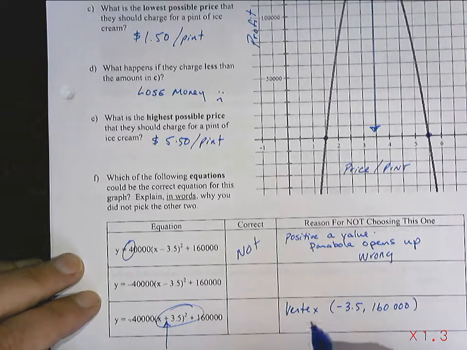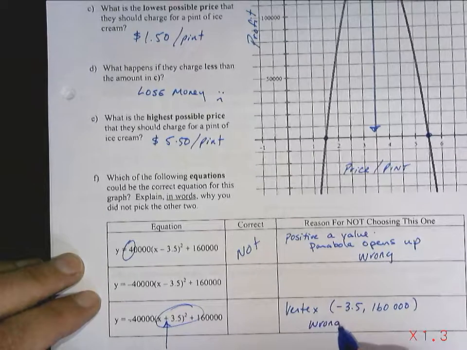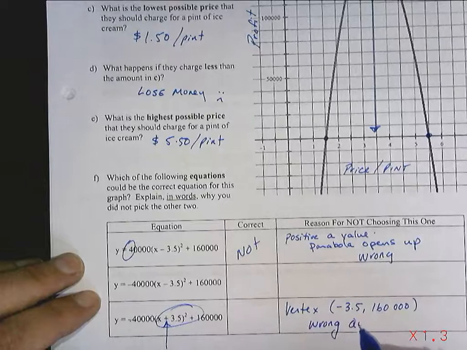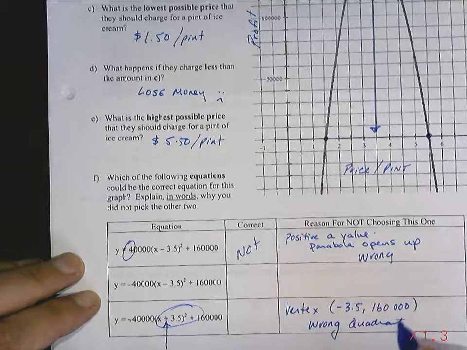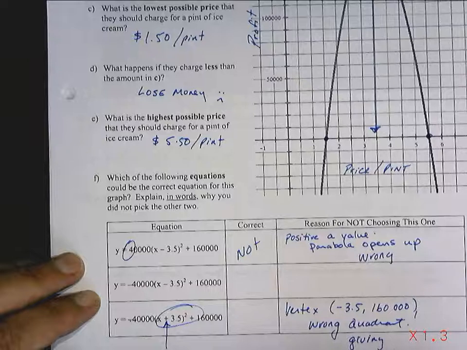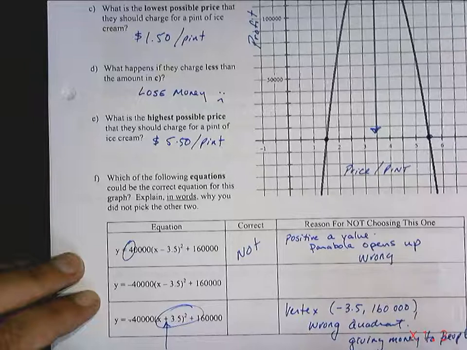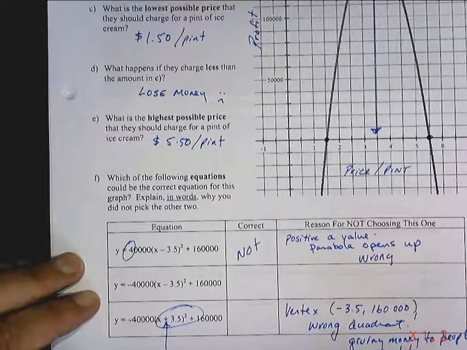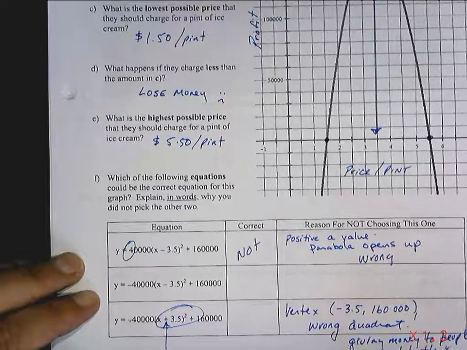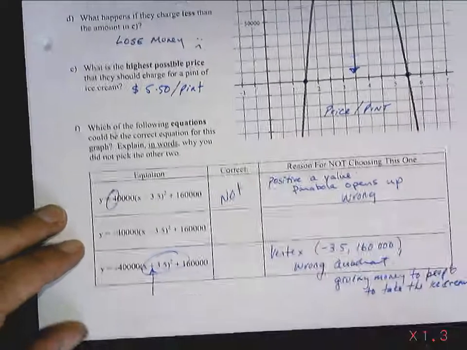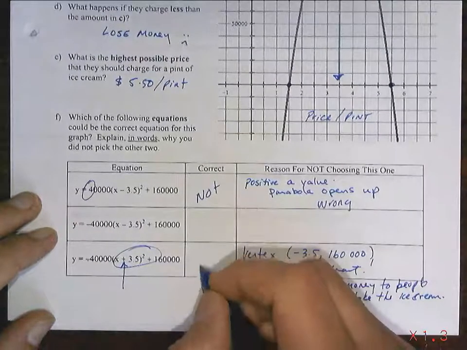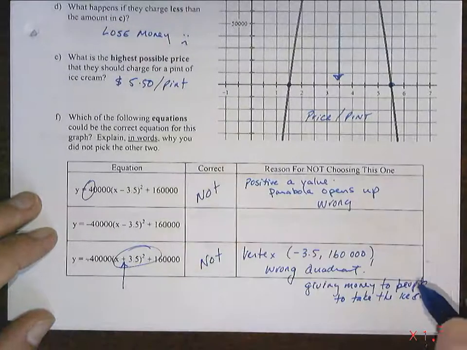So this is in the wrong quadrant. So this means giving money to people to take the ice cream. That just doesn't make sense to anyone. So this would be not correct.